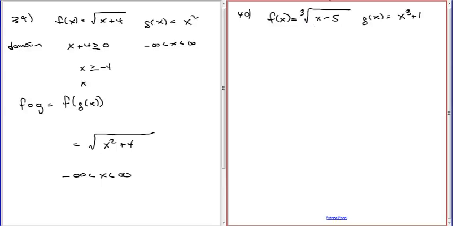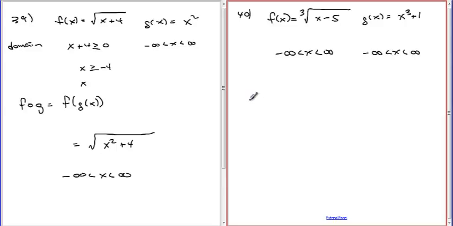So the difference between the square root and the cube root is, anytime you have an odd root, you can have negative numbers in here. So the argument of odd roots can be either positive or negative. So it turns out that in this case, the domain for this is all real numbers. Likewise, for the cubic function, the domain is all real numbers.